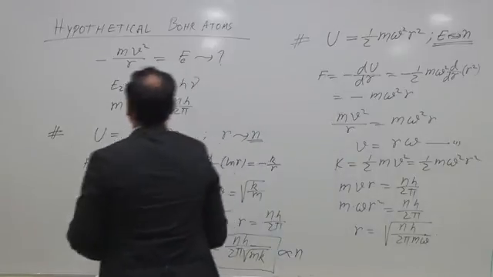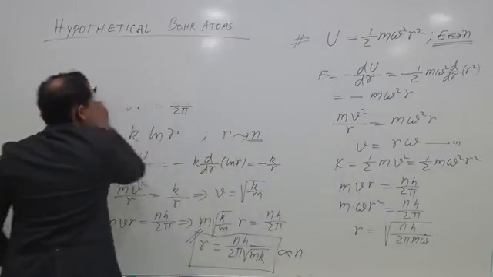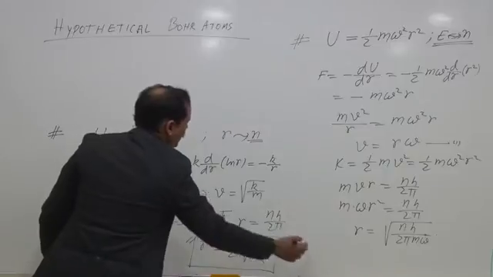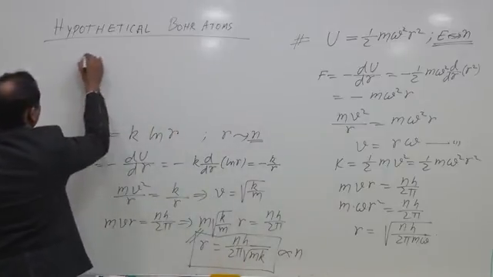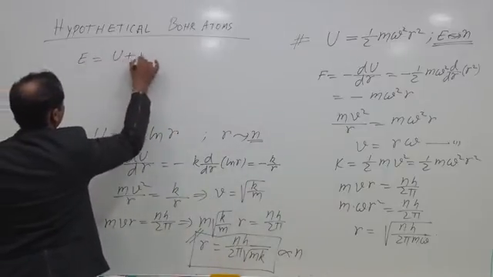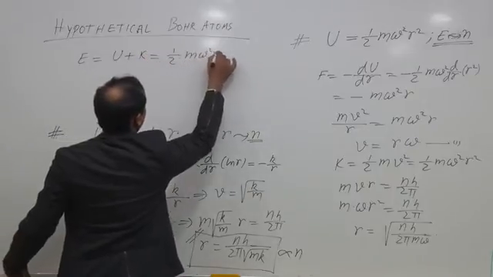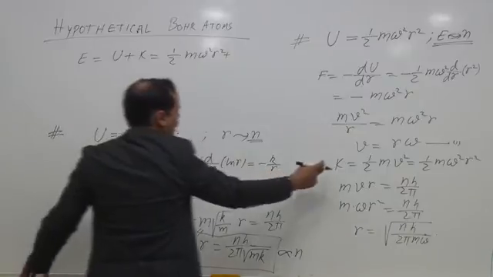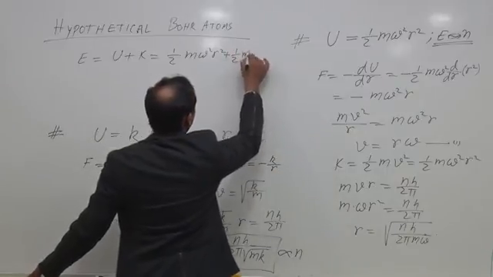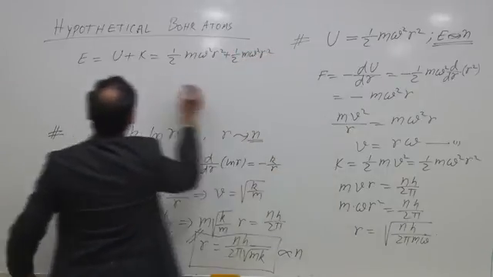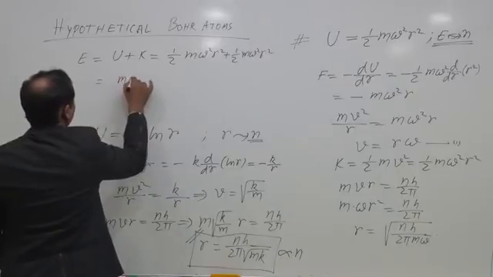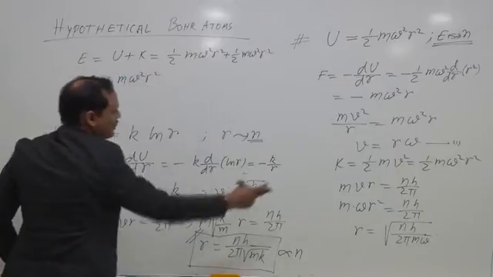This is the expression for r, and using this we can find the total energy, which is equal to potential plus kinetic. Potential is half m omega square r square, kinetic is also half m omega square r square. So, the total is m omega square r square.